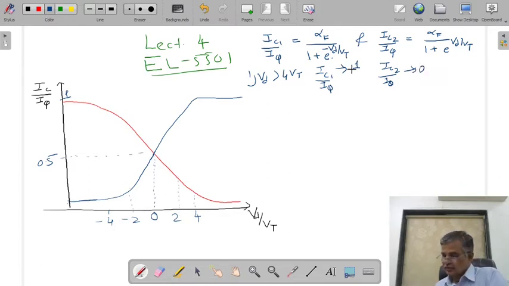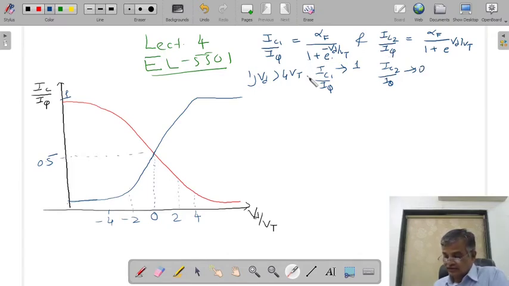Remember this. Or you can put the value of Vd by Vt, which is 4, e raised to -4 is nearly 0, so 1 upon 1 plus e raised to -4 is nearly 1, and 1 upon 1 plus e raised to +4 gives nearly 0.